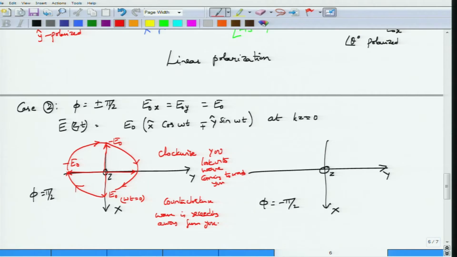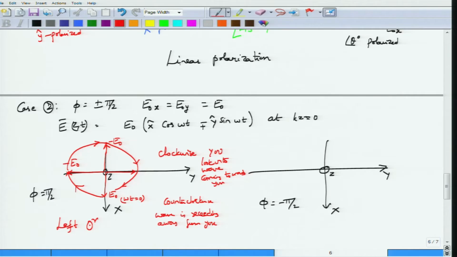And this kind of wave, which is counterclockwise when you see from the way the wave is going out, or clockwise when the wave is coming towards you, is called left circular polarization. It is circular because the electric field vector traces out a circle of radius E0, although I have not shown it very nicely here, and therefore this is called left circular polarization.